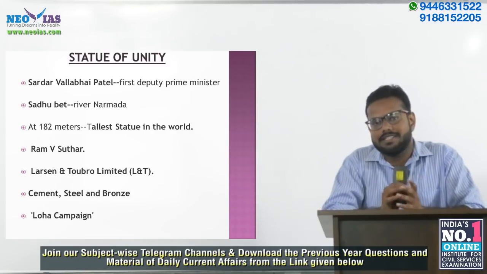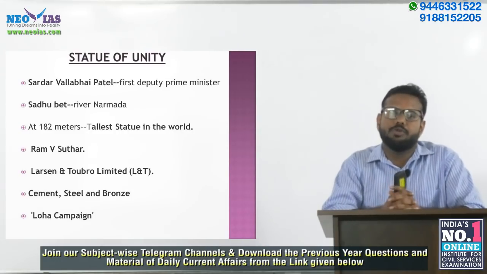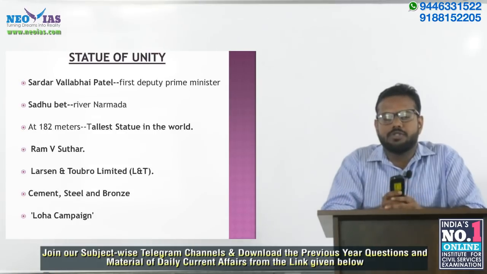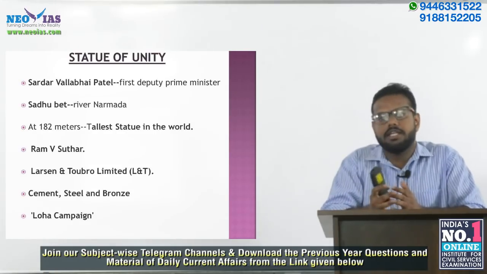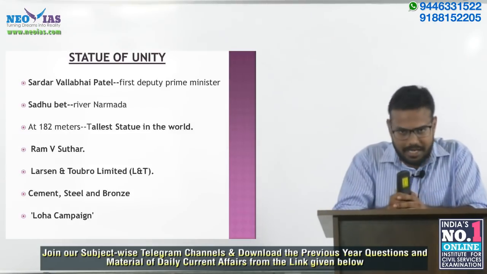I already told you the statue depicts Sardar Vallabhbhai Patel in a standing position. You can see the particular statue here and it is in a standing position wearing a normal traditional dhoti with shawl and the statue is facing the Sardar Sarovar Dam.